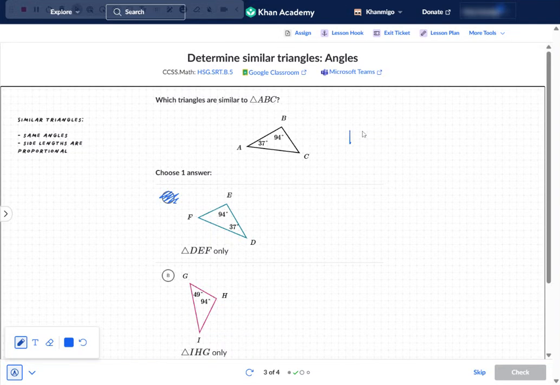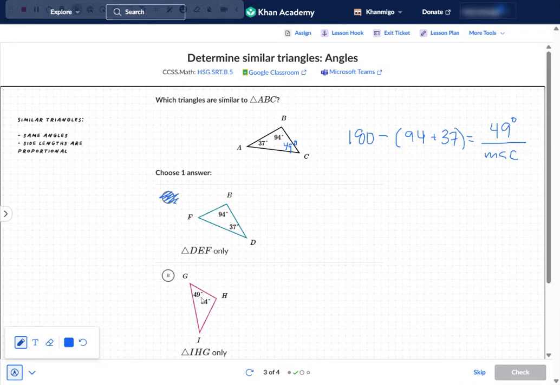In our calculator, 180, our grand total of all the triangle angles, subtracted by what we were given, 94 and 37, will give us the measure of angle C. I think I forgot to put measure of angle in the last problem. All right, 94 plus 37 is 131, and 180 minus 131 is 49 degrees. So we'll plug that in, 49 degrees.